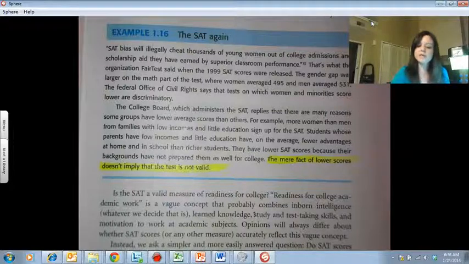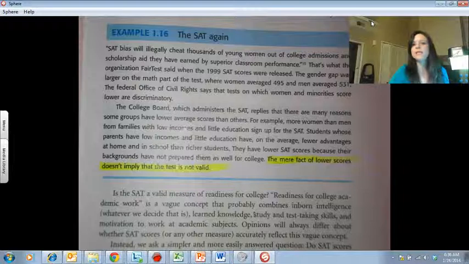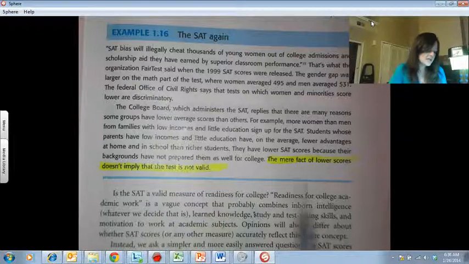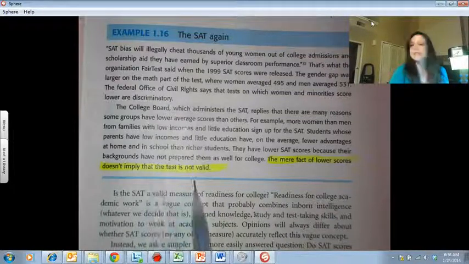So men from the same background as those women wouldn't even apply for college. So it's not so much to do with the fact that they're women as with the fact that they grew up without the resources that other people have grown up with, which in itself is a huge problem. But right here highlighted, the mere fact of lower scores doesn't imply that the test is not valid.